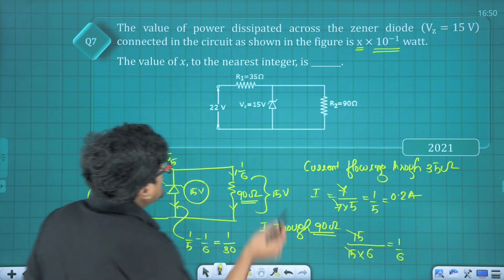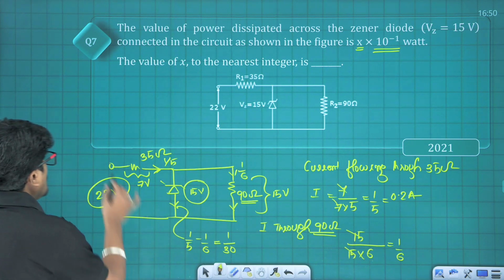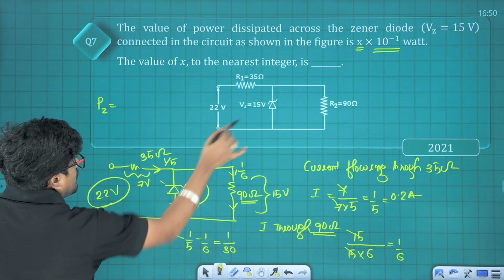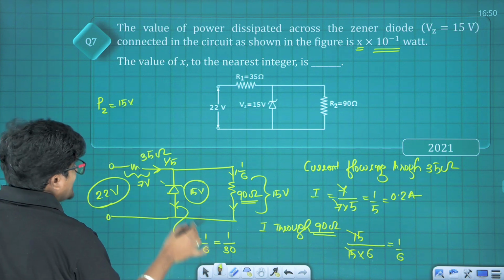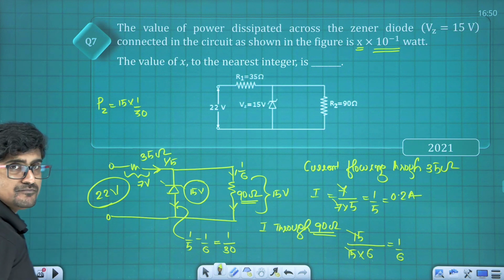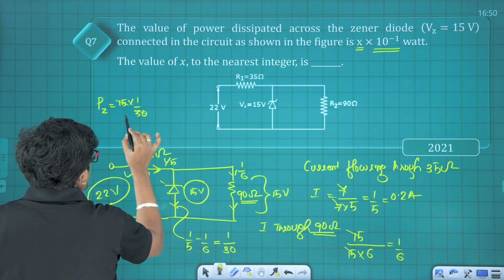Now the point is, what is the power getting dissipated across this? We all know that power across the Zener diode is the voltage, that is 15, into the current, that is 1 by 30. Alright, clear? So this is 1 by 2.